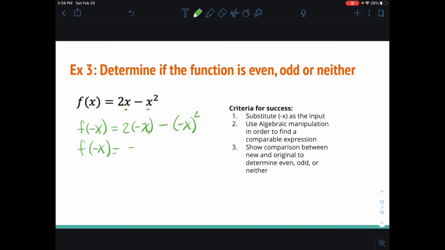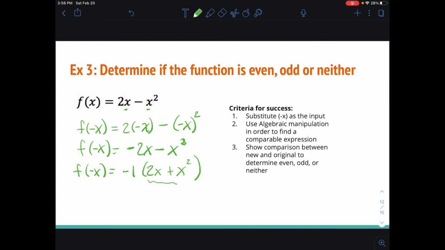Okay, so we have negative 2x minus x squared. Okay. And now, it doesn't look like the original. I am going to try to pull out a negative 1, and this is a common thing that you'll be doing just to see if we can get something here to visualize for that even, odd, or neither.